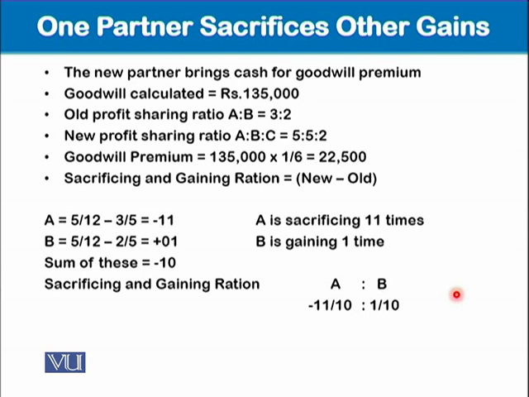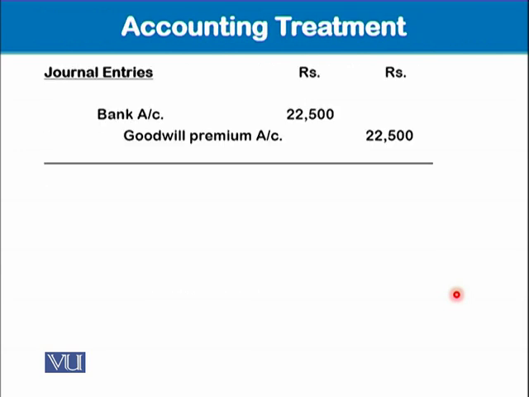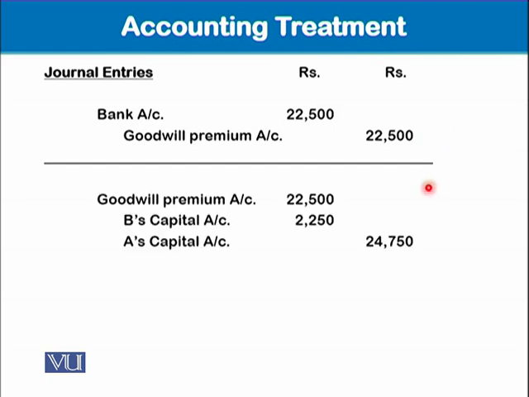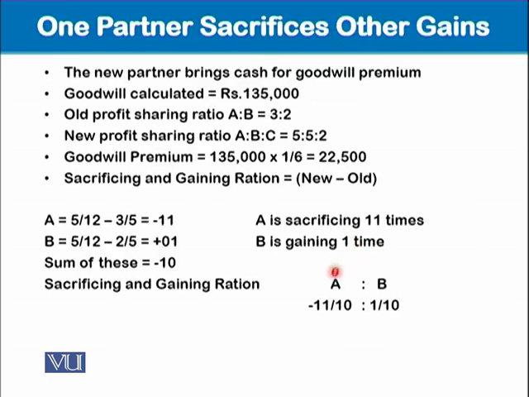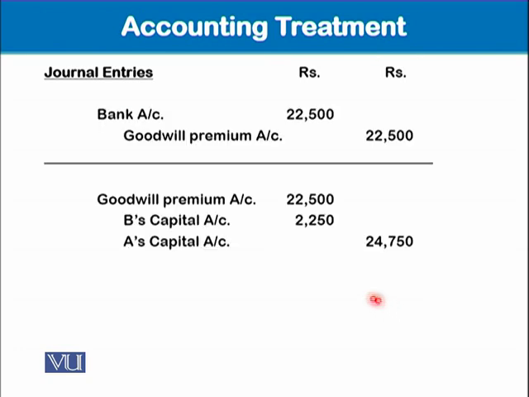Using this sacrificing and gaining ratio, we will pass the accounting entry like this. This is the same entry in which bank account is debited and goodwill premium account is credited. And now the accounting entry will change, because A is sacrificing 11 by 10 and B is gaining 1 by 10. Obviously, goodwill premium account should be debited, because it was temporarily credited, as I told you earlier.